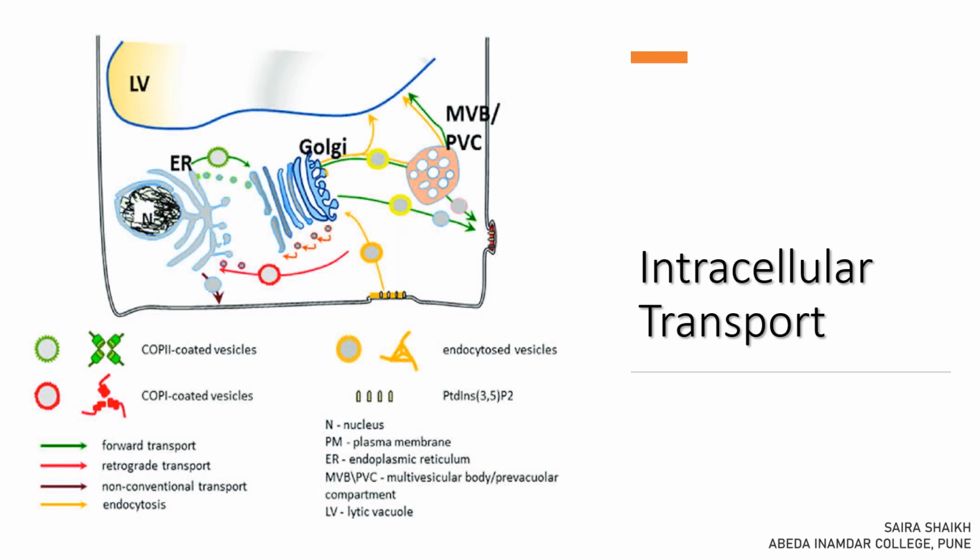The next type of transportation is intracellular transport, which is seen in all types of cells, where the cell cytoplasm moves in a definite cyclic path. Hence, this transport is also called cyclosis. Look at the figure.